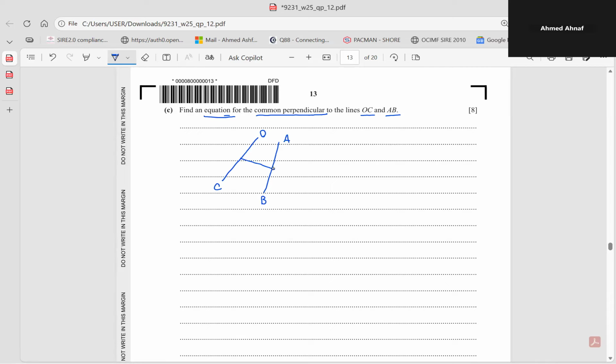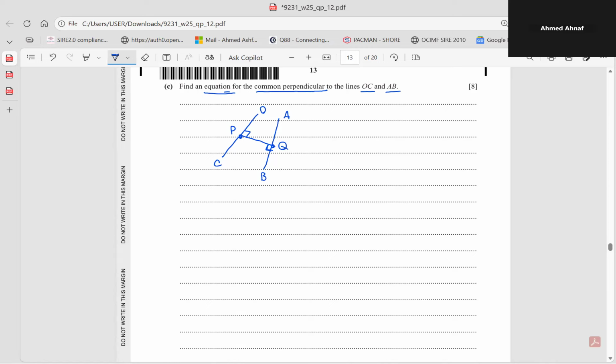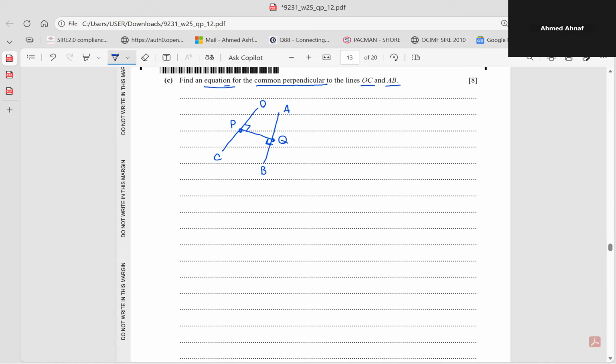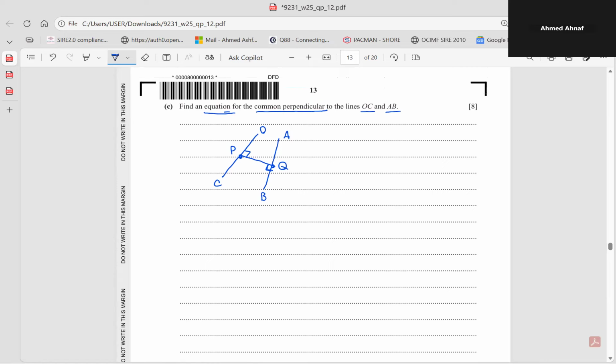So the common perpendicular has to be perpendicular to both OC and AB. Okay. So we're going to let this point along OC be P and this point along AB be Q.